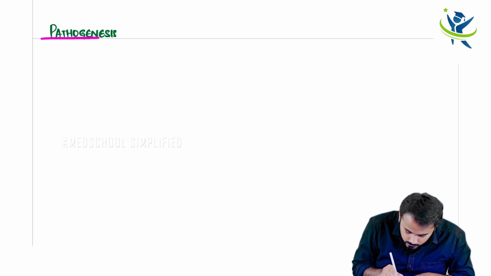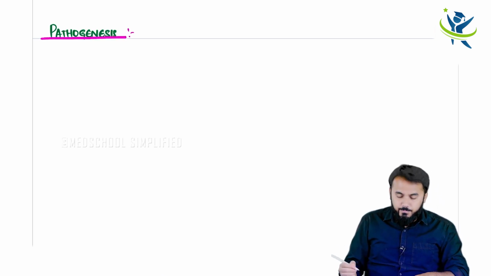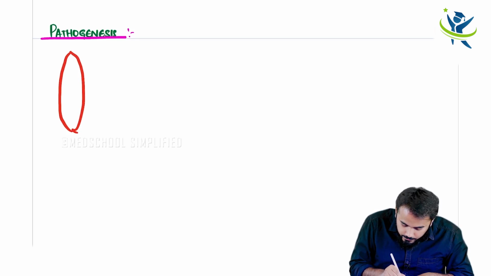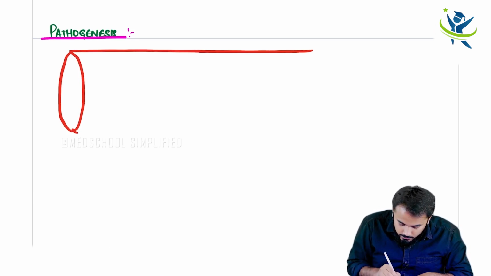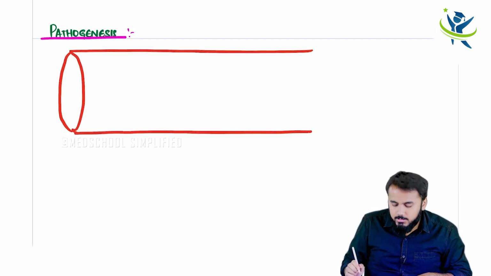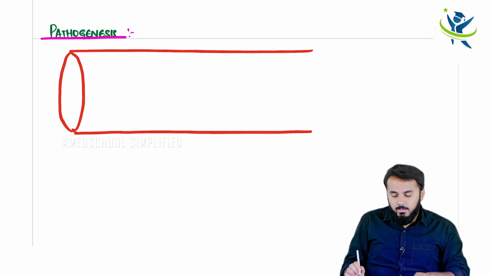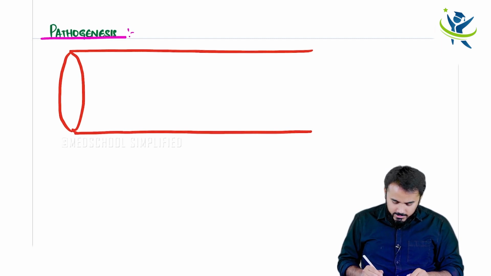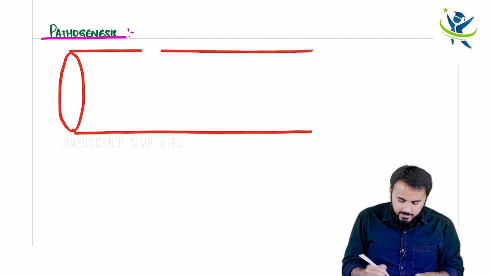Pathogenesis. What I was trying to tell you. For example, let us say this is your blood vessel, guys. Normally, if any bacteria enters into my body, for example, this is a cut surface.